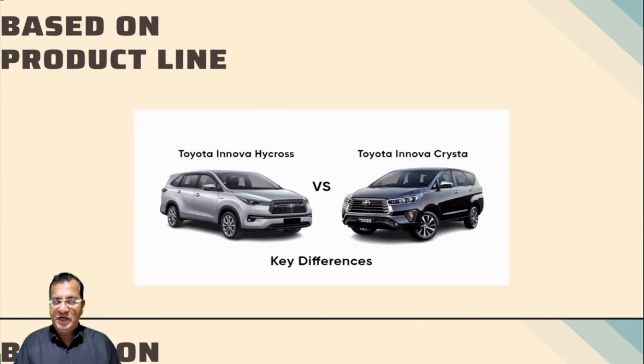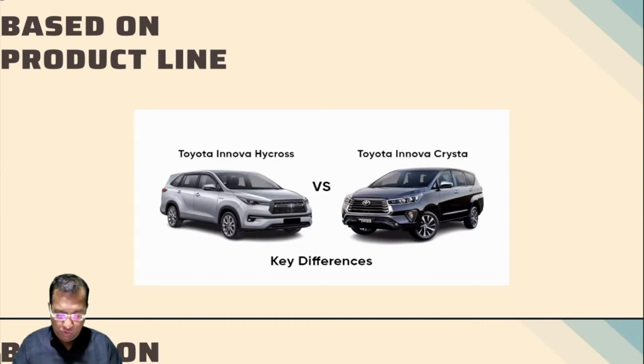Yesterday, Toyota company has launched its upgraded version of Innova Crysta. Along with that, they have also launched a modified version of Innova Crysta known as Hycross. Based on product line, structure wise both the products are same, but there are some changes in both the products.